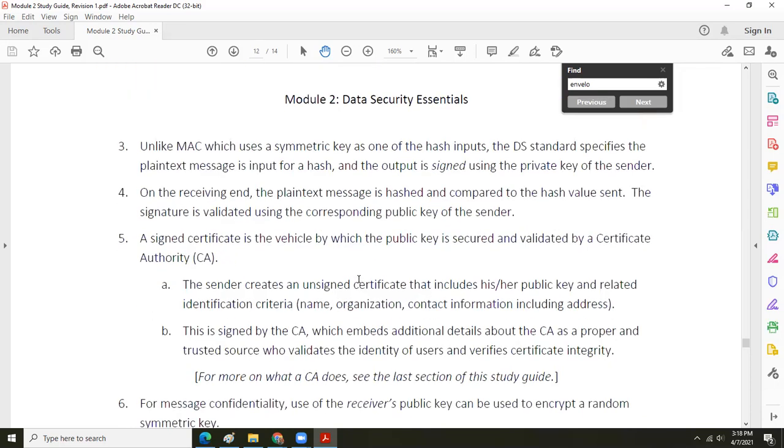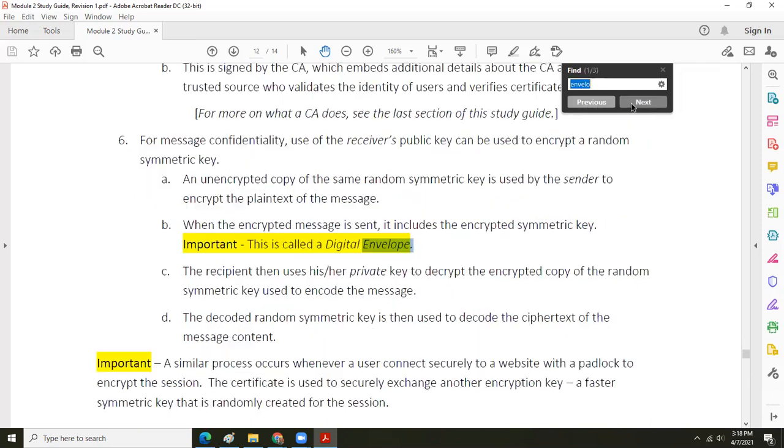So, if we talk about when the encrypted message is sent, the message is encrypted. It includes the encrypted symmetric key. One of the tricks for encryption that's always been a bit of a conundrum is this idea that the best encryption happens with a symmetric key. That's a one key encryption method. That's not as secure because you have to have both copies of the key on the encryption side and the decryption side.